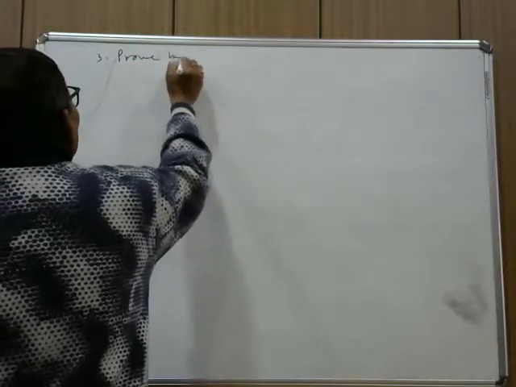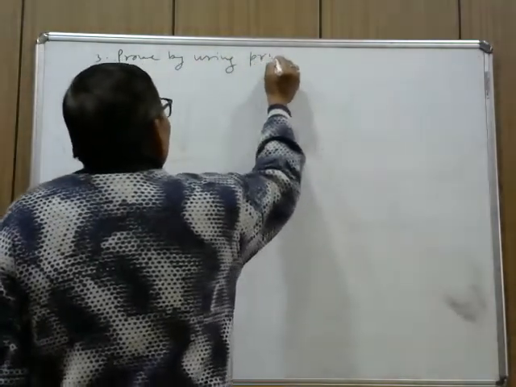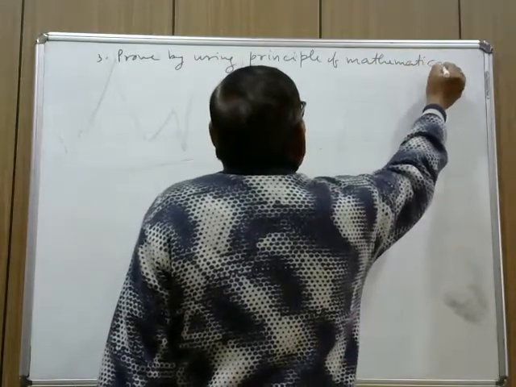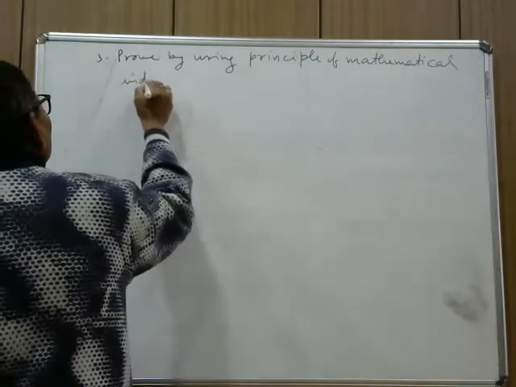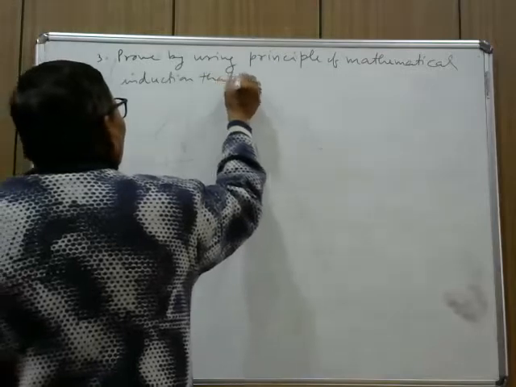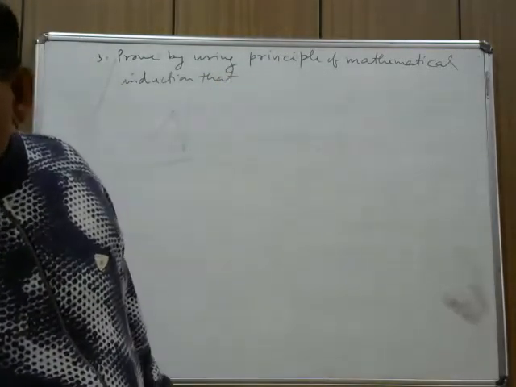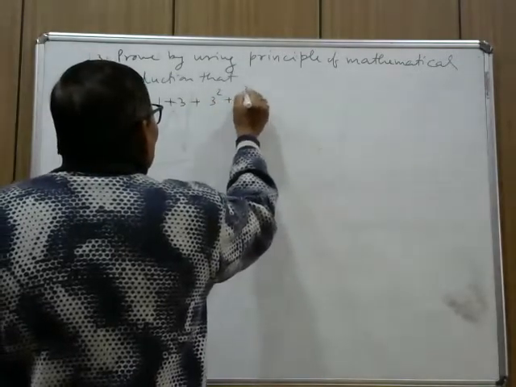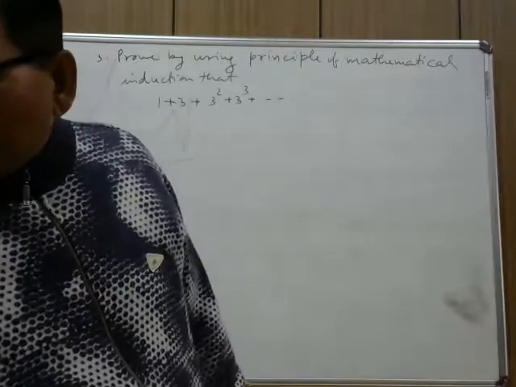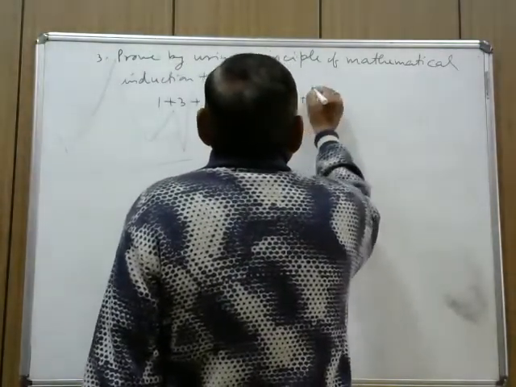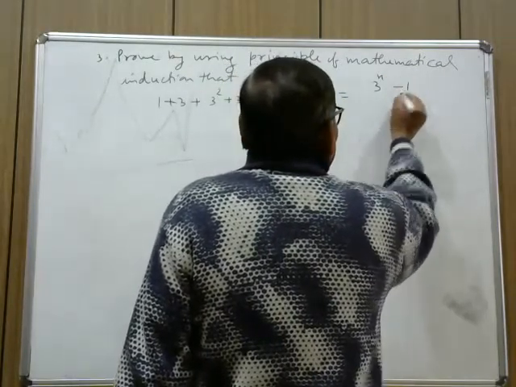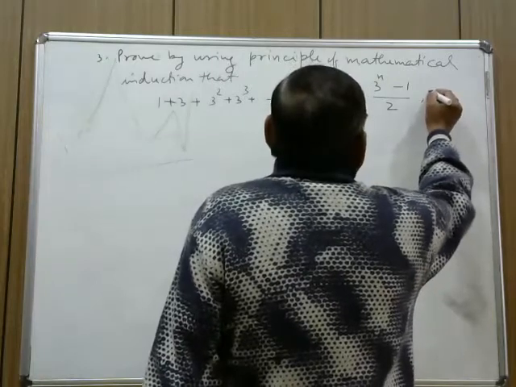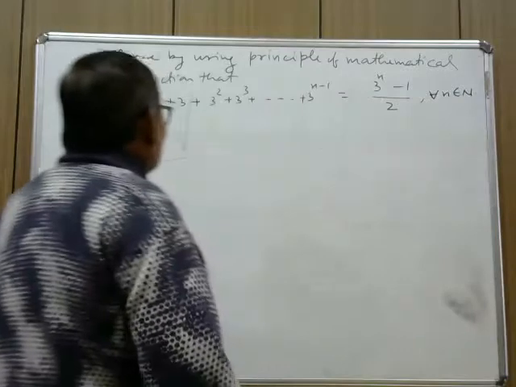Prove by using the principle of mathematical induction that 1 plus 3 plus 3 square plus 3 cube plus and so on plus 3 to the power n minus 1 is equal to 3 to the power n minus 1 by 2, for each n belongs to N. So that is the question.